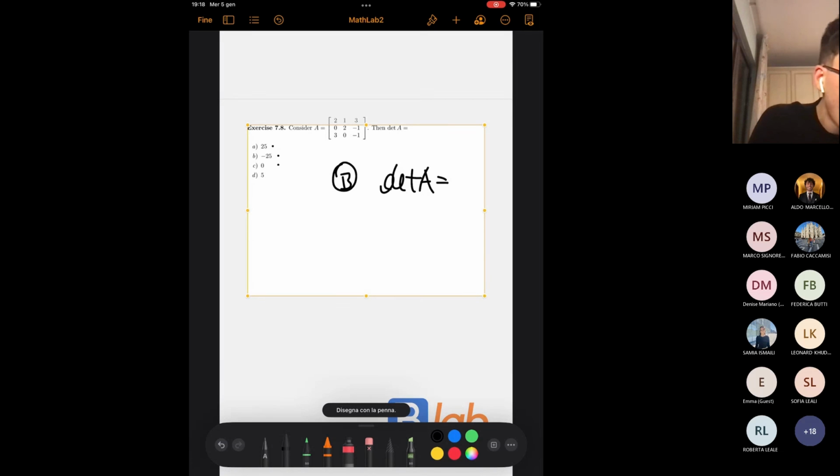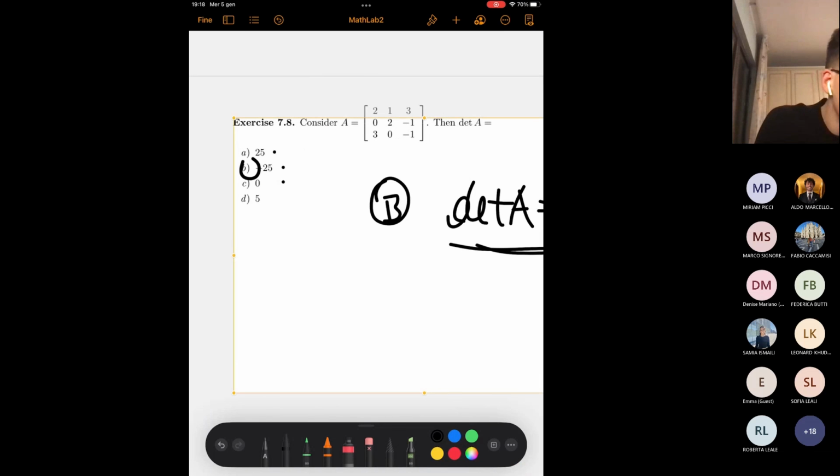So it's B, and the determinant of A is -25. Simply doing the formula, nothing more than the formula. This is how this kind of exercise works.